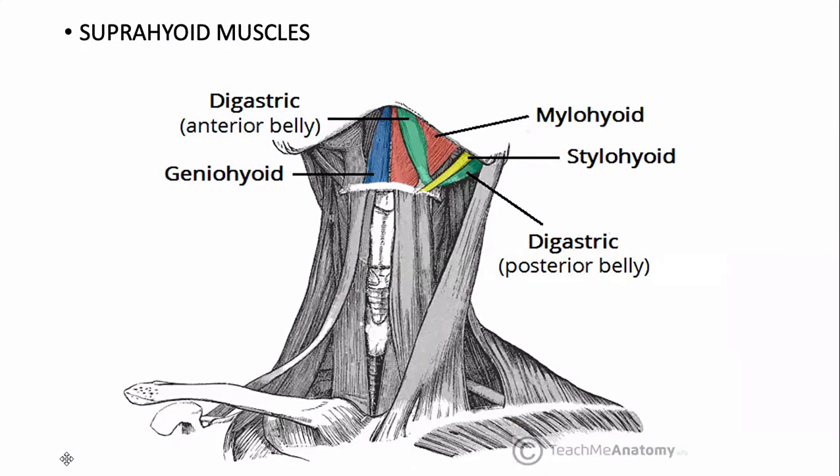The suprahyoid muscles are the anterior and the posterior belly of the digastric, the stylohyoid muscles, the mylohyoid, and the geniohyoid muscles.